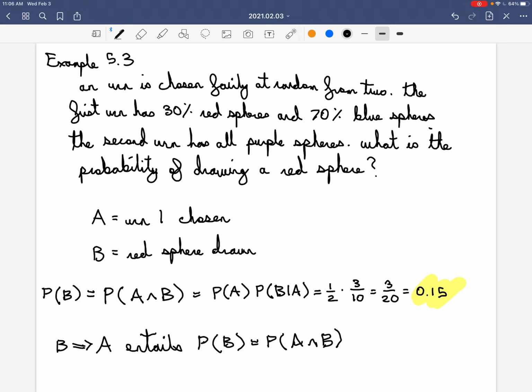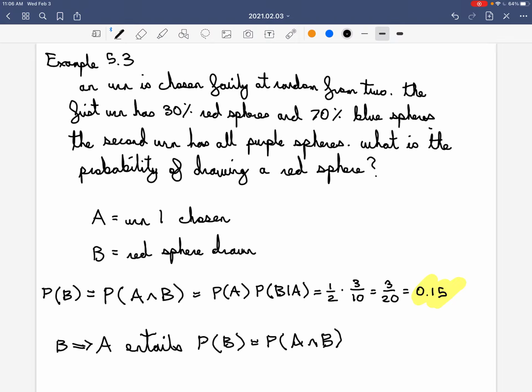So we can see that the word fairly clues us in that we have a 1/2 probability split between the 2 urns. And what we're asked to do is calculate the probability of drawing a red sphere.